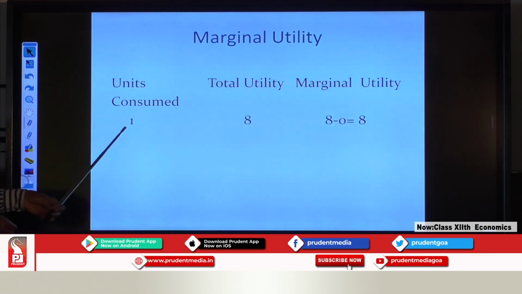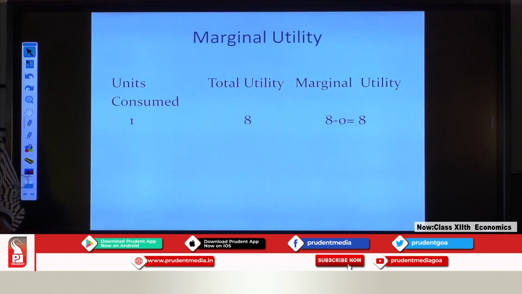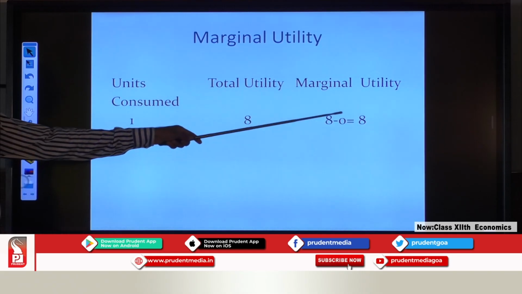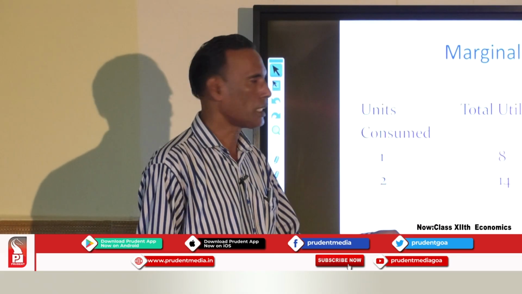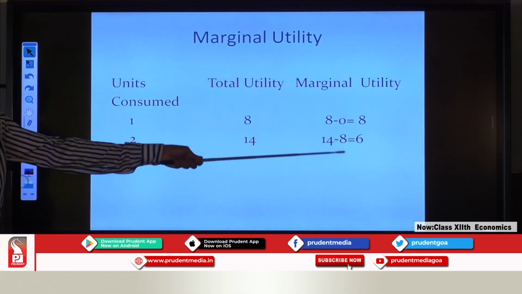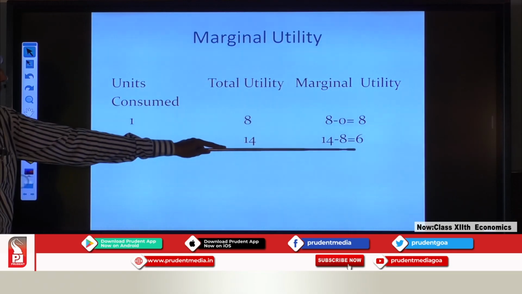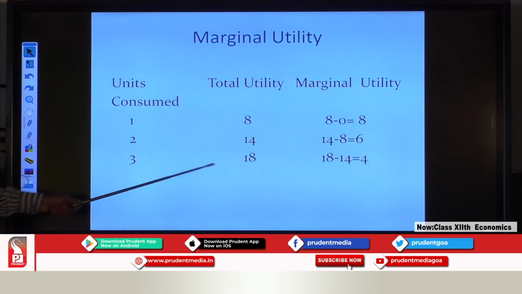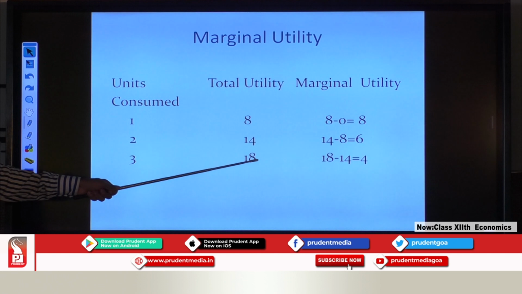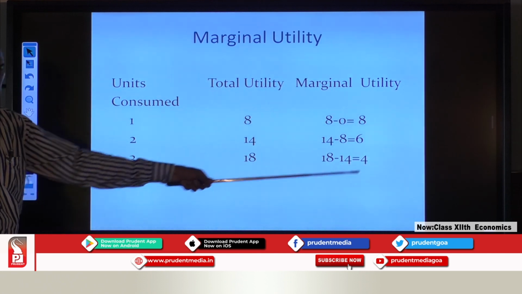Now, I consume the first unit of the commodity. I get satisfaction of 8 utils. 8 minus 0, it is 8. I eat another apple. I get 14. So, 14 minus 8, marginal utility is 6. Third apple, 18. 18 minus 14, it gives me 4.